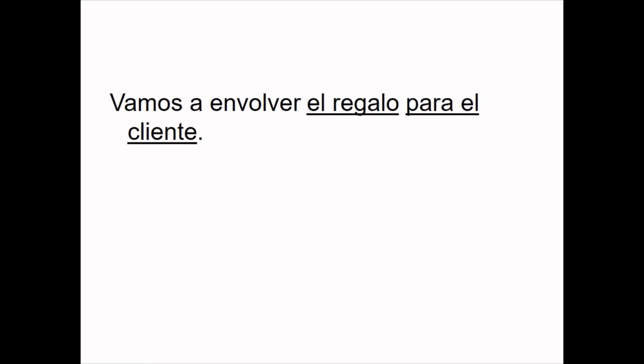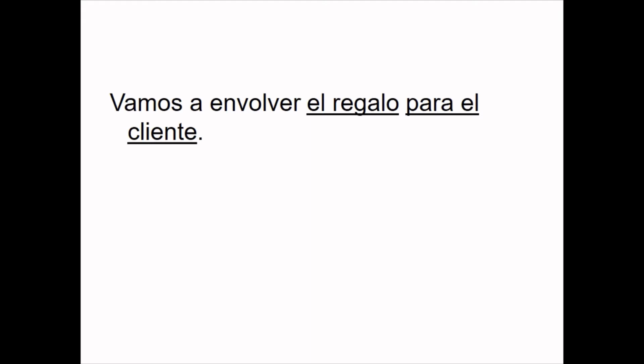Vamos a envolver el regalo para el cliente. El regalo is direct object. The pronoun is lo. Para el cliente, indirect object. Pronoun le. Here we have two options because we have a periphrasis.